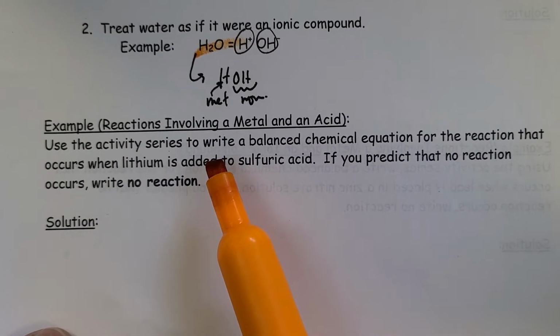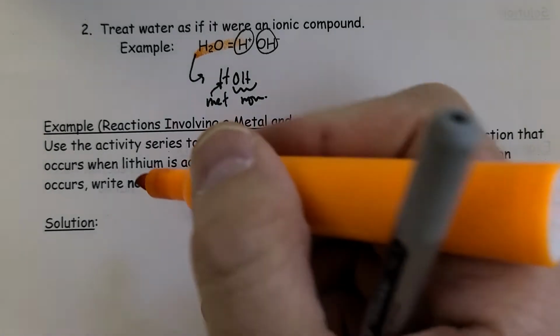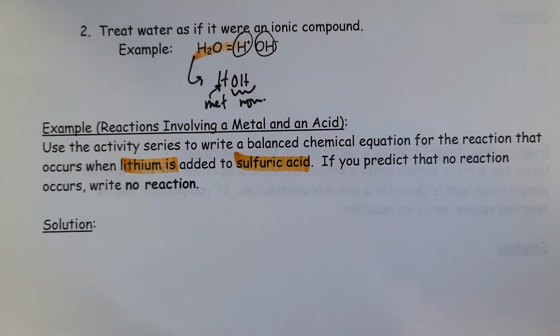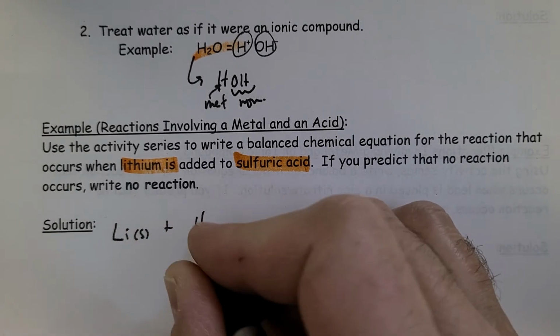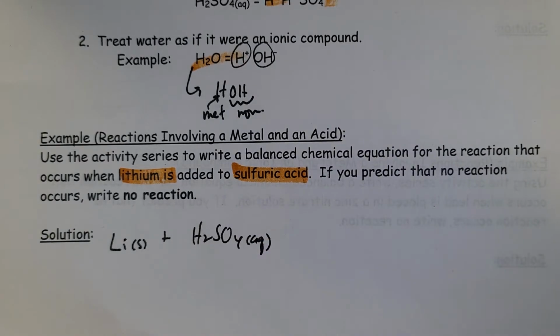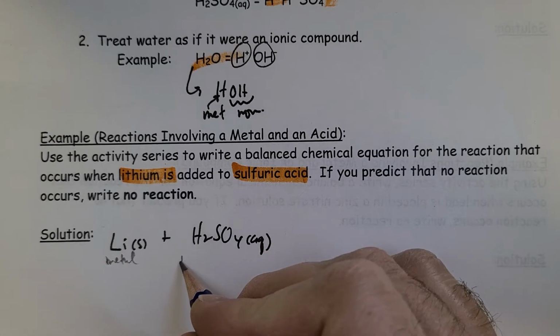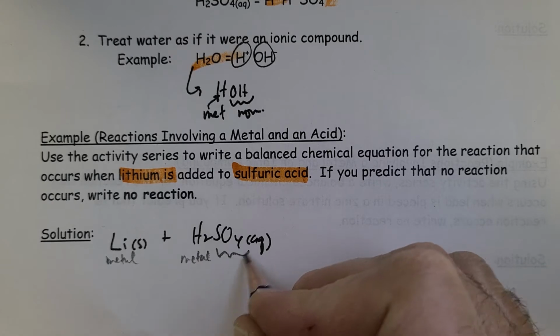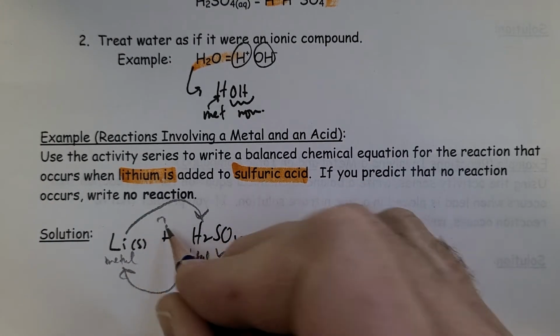So using the activity series, write the balanced chemical equation for the reaction that occurs when lithium is added to sulfuric acid. All right, so lithium solid plus H2SO4. So here we're looking to see again, here's our metal, hydrogen over here is behaving like a metal, then here we have our non-metal.